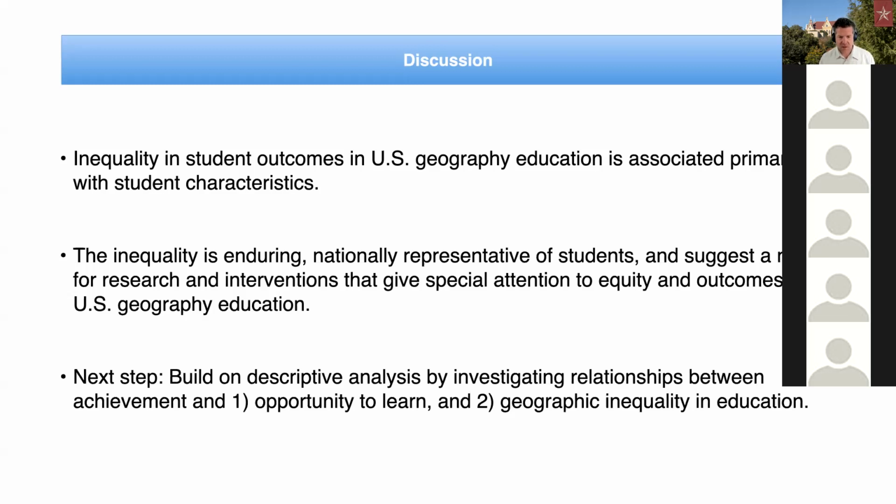And I see this going along 2 tracks. The first one is looking at the relationship between achievement and opportunity to learn, which Rich defined a little bit, and so did Emmanuel, and I'll talk about it a little more here too. And then I think the second track will be looking into geography achievement in relation to geographic inequalities in education.